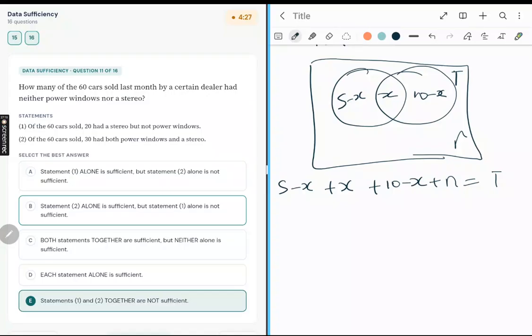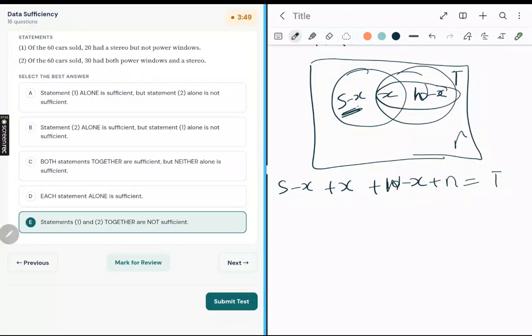That will be where we have S minus B. This is W. Thirty had both power window and the stereo. That is B. You see that one is still missing. We can have these ones, but this is missing. So the neither is also missing. So it is safe to select E.